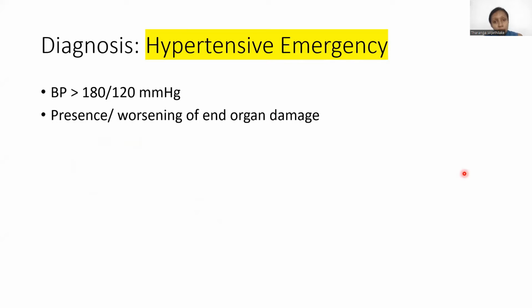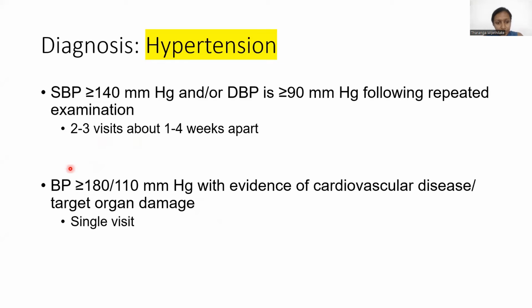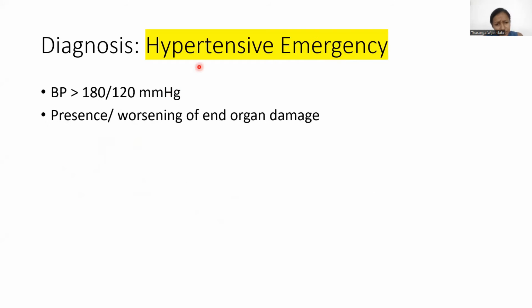So we diagnose hypertensive emergency on the basis of two things. One is the blood pressure number, which is above 180 over 120. Before, in the previous slide, I said 180 over 110. Here I have mentioned 180 over 120.